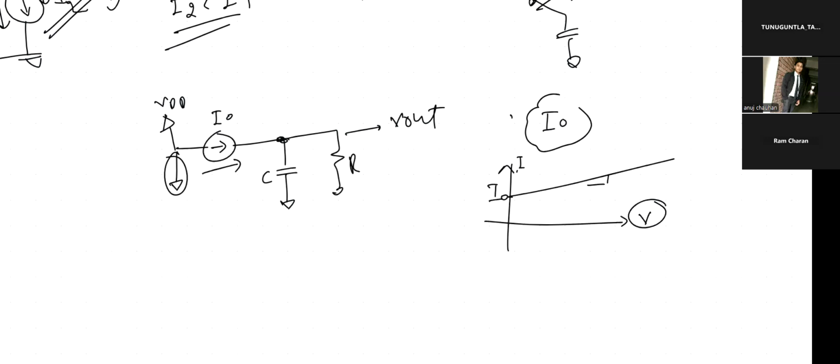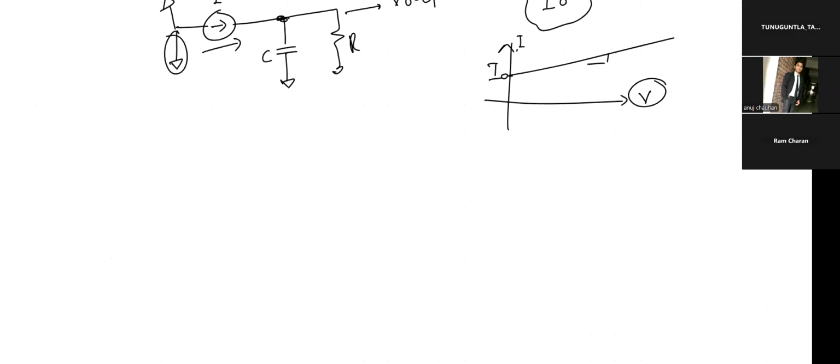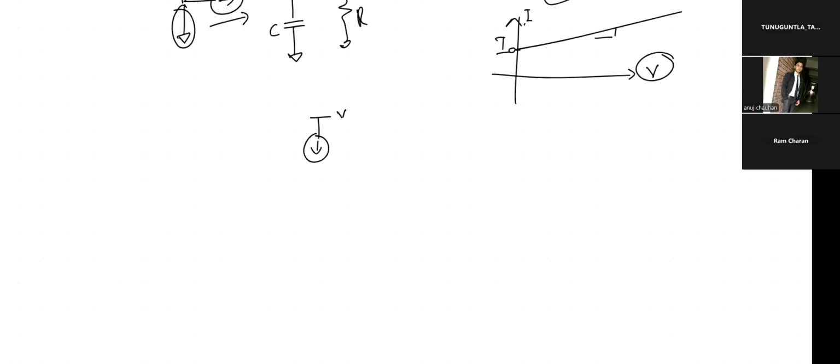Then what will happen? Let's say this is my current source, this is my VDD, and this node is my Vx. When my Vx reaches VDD, the voltage across the current source is zero, because it is the difference voltage.